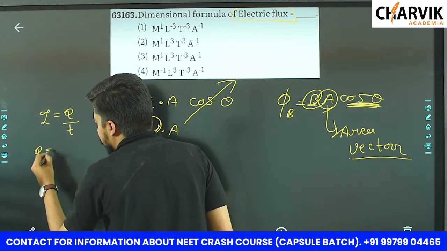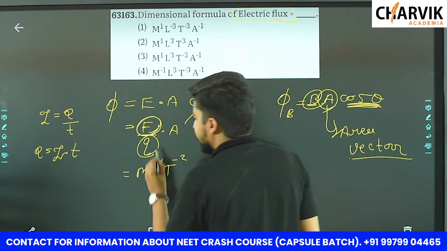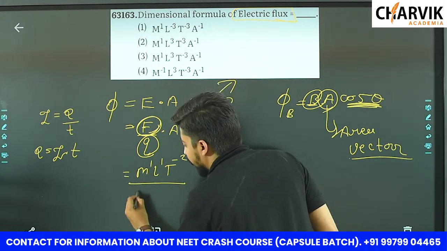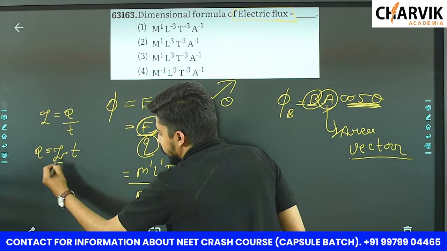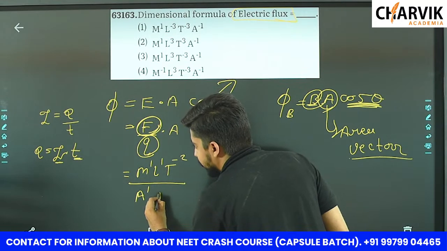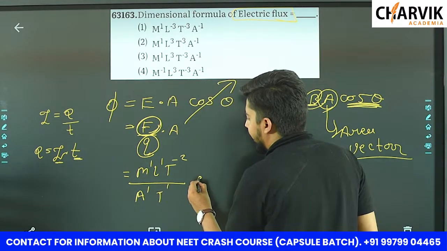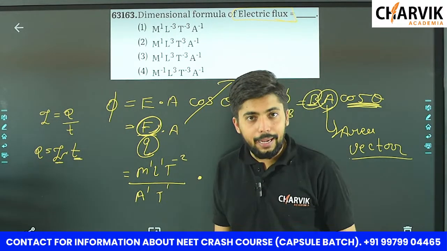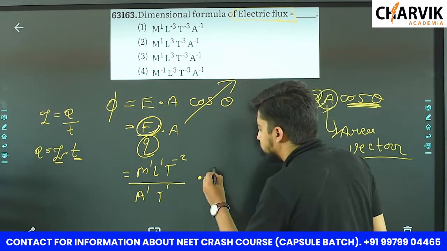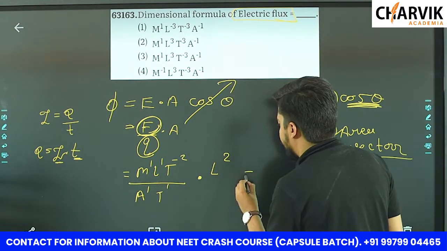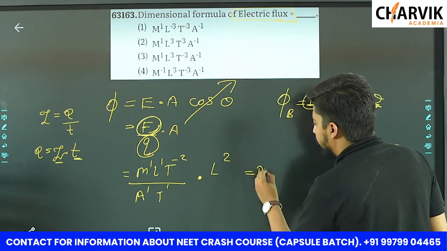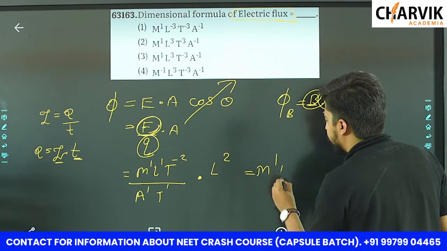So Q equals I into T. So instead of the charge, we can say A1 due to this I, and because of this T, we can say T1, into the area. Area is a meter square and meter is a part of the length, so there will be L2. So now your final answer will be M1. This L will be added to this one, L3.